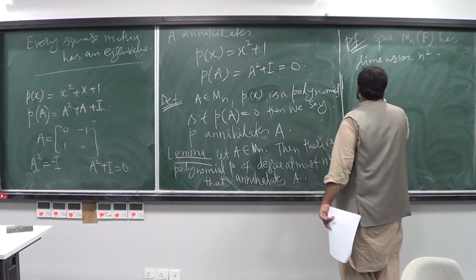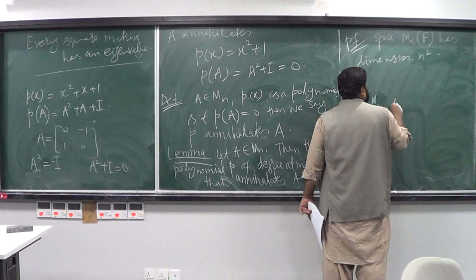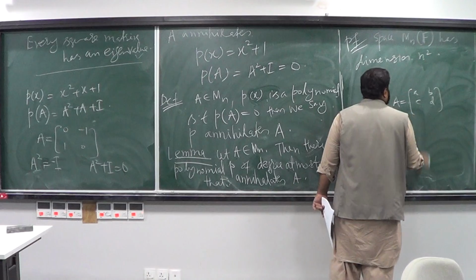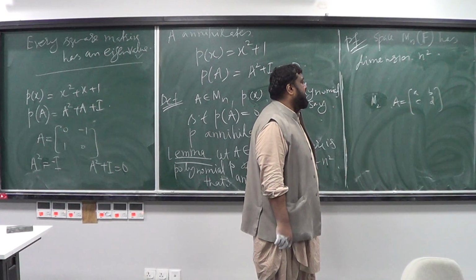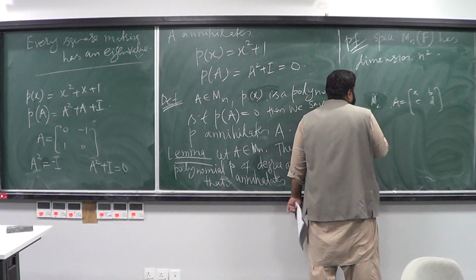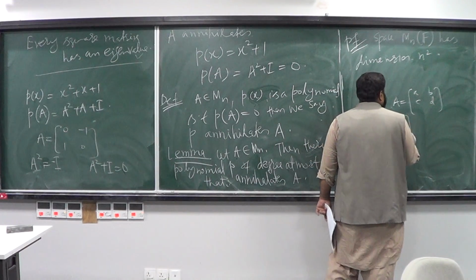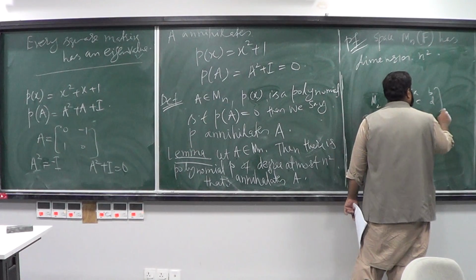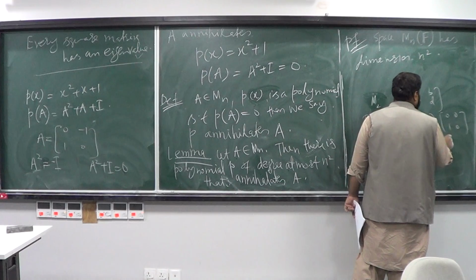For example, if you take M2, in other words 2 by 2 matrices, say a, b, c, d, which matrices form a basis of it? One of the bases of M2 is 1, 0, 0, 0, and 0, 1, 0, 0, and 0, 0, 1, 0, and 0, 0, 0, 1.